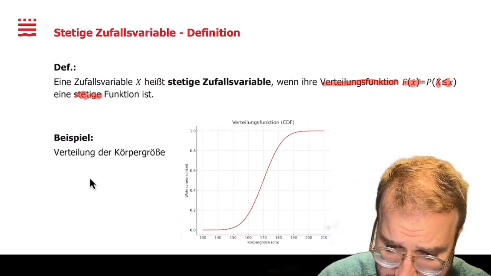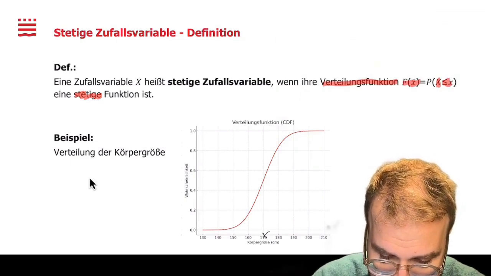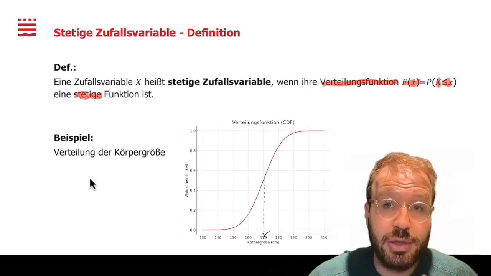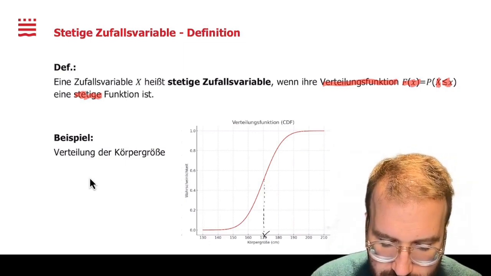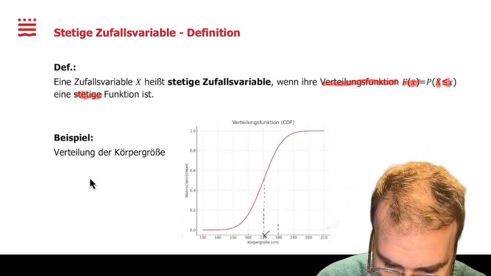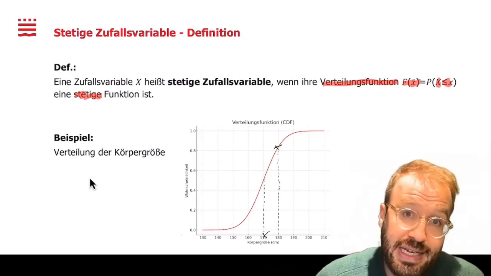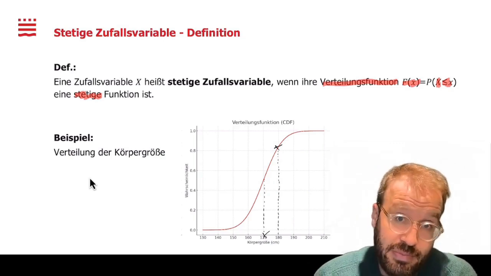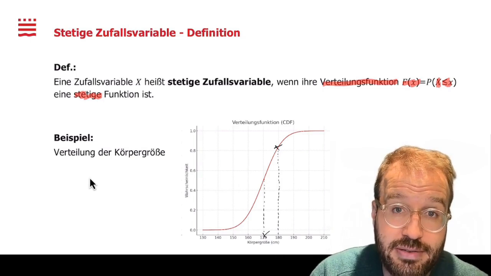This means, just to clarify once more, if we take a value here, for example 170, then this value indicates the probability that a person is less than or equal to 170 centimeters in height. And this probability is smaller than the value at 180. Why? The probability of being less than 180 centimeters is more than the probability of being less than 170 centimeters. There is a larger range allowed.